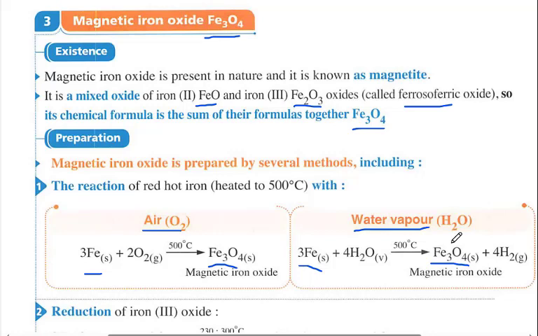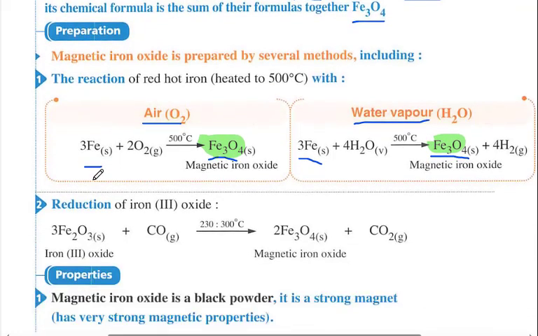Raising the temperature to 500 degrees Celsius, the iron produces only one oxide, which is magnetic iron oxide in both cases. This is the first way to prepare magnetic iron oxide.